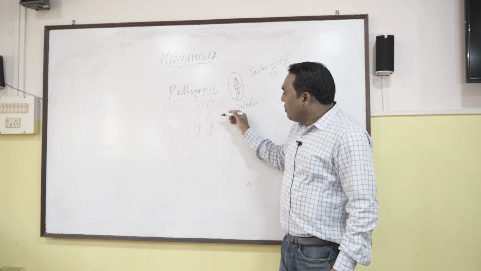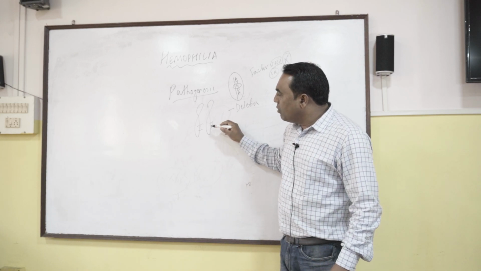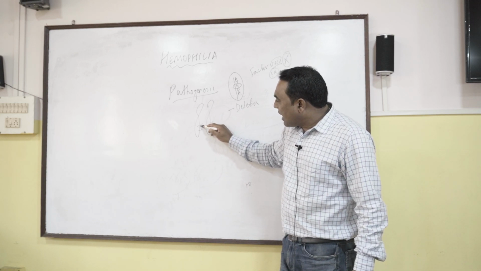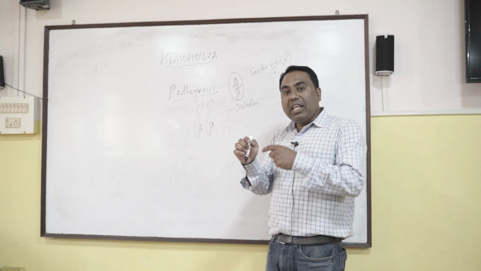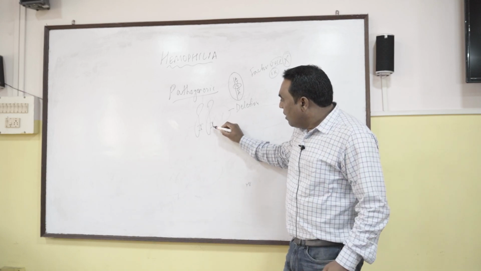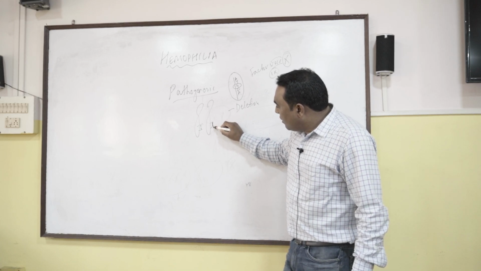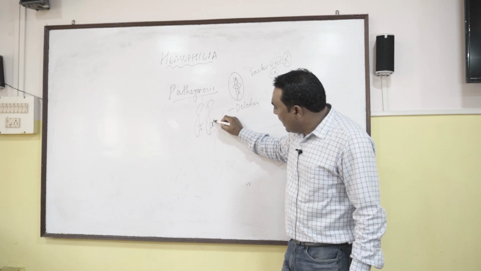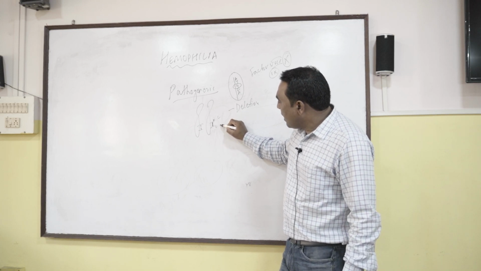Now, in severe cases of hemophilia, what happens? Many times the whole DNA sequence forming the gene gets reversed, which is a kind of chromosomal rearrangement. If it starts from A to C, it is reversed, where C comes here and A comes down.